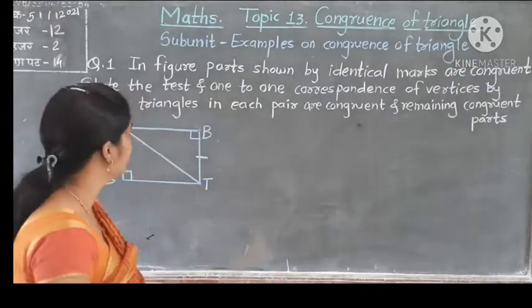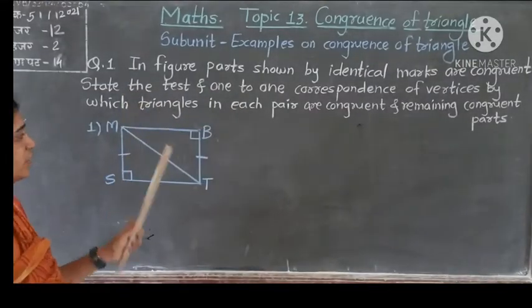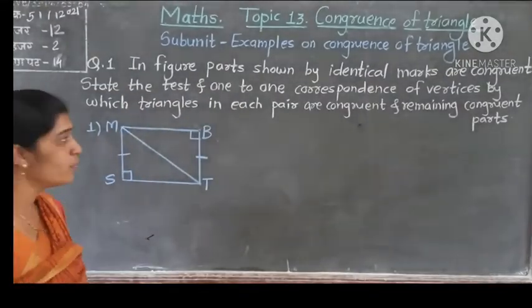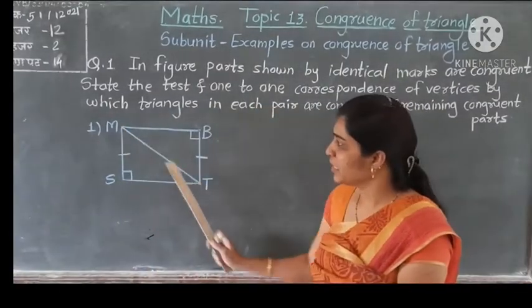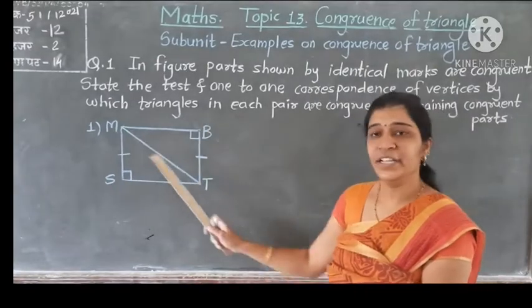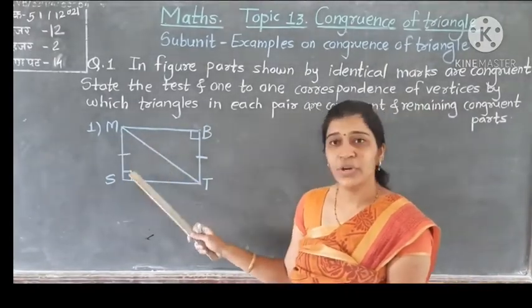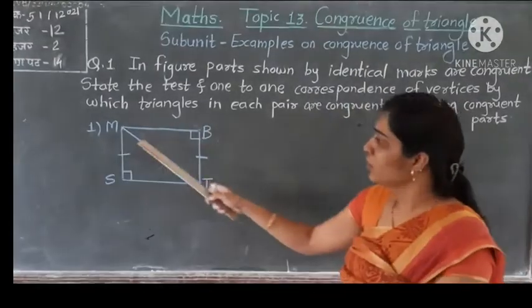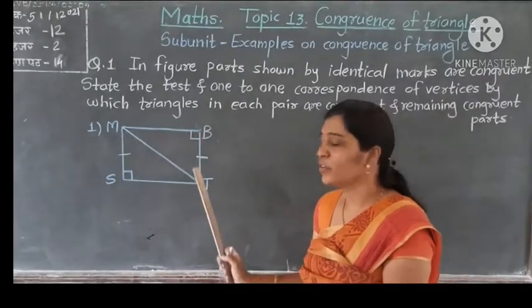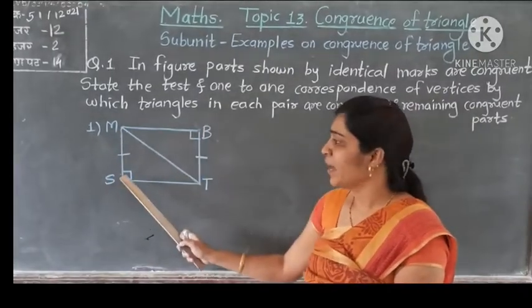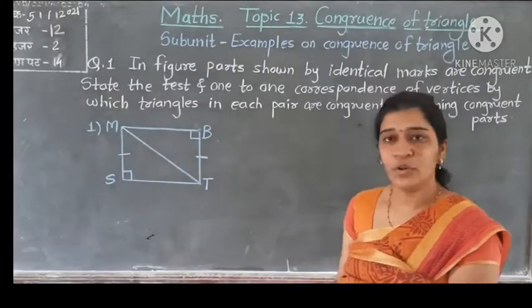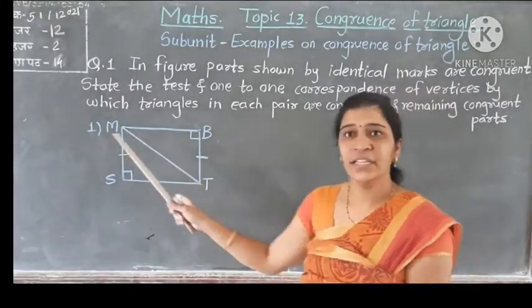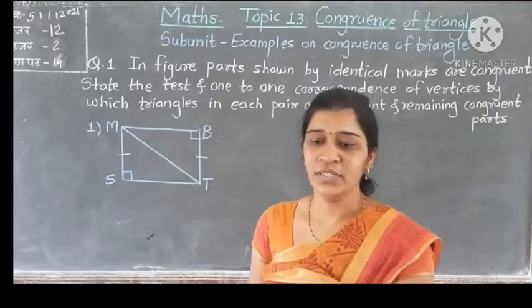So let's start. First we write the test for these two triangles. Observe these two triangles. This is triangle MST and this is triangle MBT. In these two triangles, observe what is congruent. MS is congruent with BT and angle S is congruent with angle B, and side MT is a congruent side.